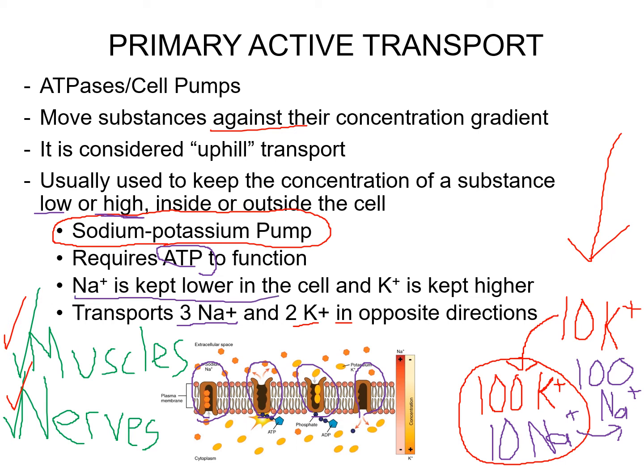We're actually making it less than 10 in relation to the ratio I gave you. And we're getting the potassium higher. So that way, even though some sodiums are naturally leaking into the cell and some potassiums can be naturally leaking out of the cell, we're maintaining this differential, or this concentration gradient.